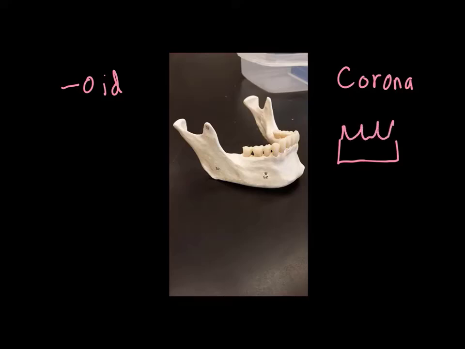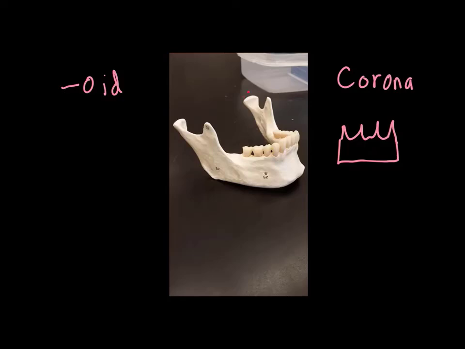And when we think about crowns, they usually have these little points at the top. All right, this is why we think about the coronoid process. This resembles those little peaks on a crown. So the coronoid process.